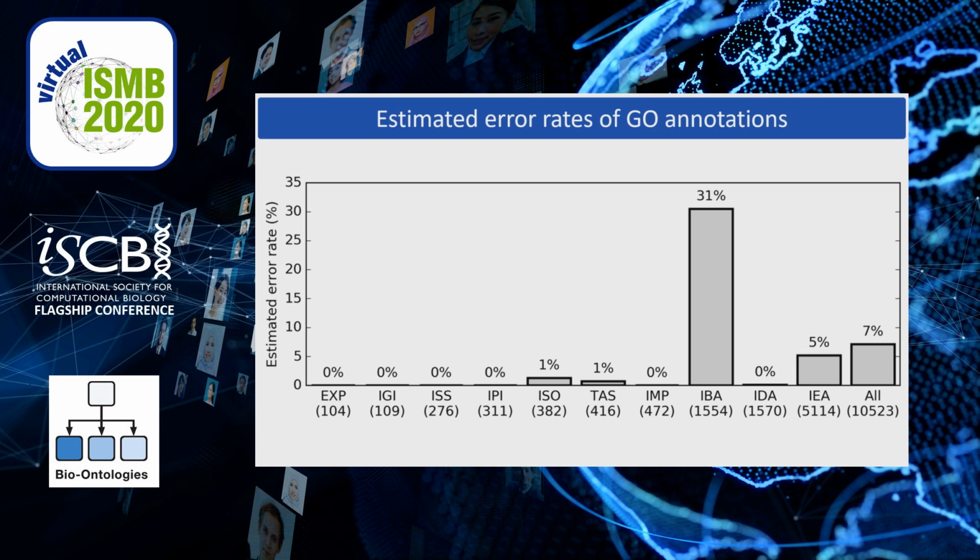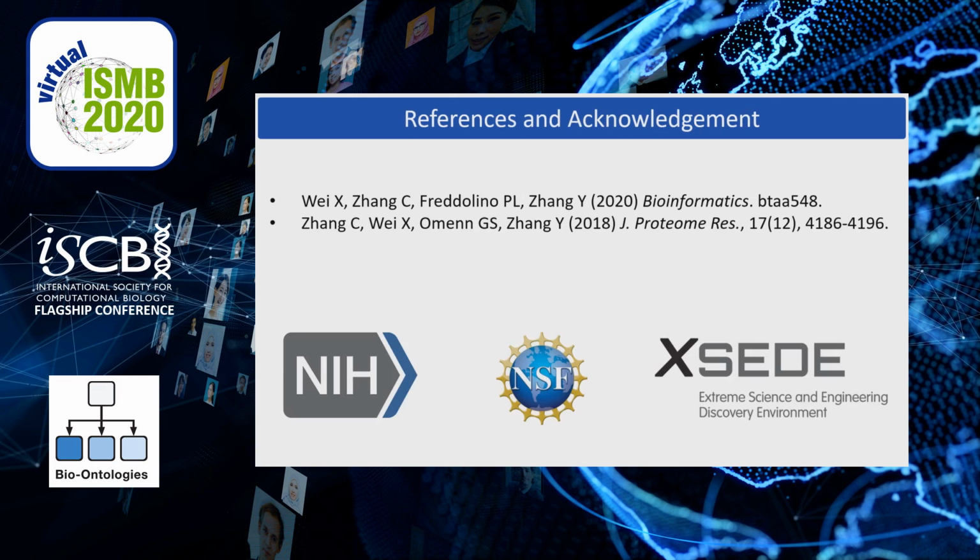We have reported our findings to UniProt and the GO Consortium, which hopefully address the issues in the near future. More details of this study are included in a recently accepted paper, which is the first citation in the reference list. Thank you.